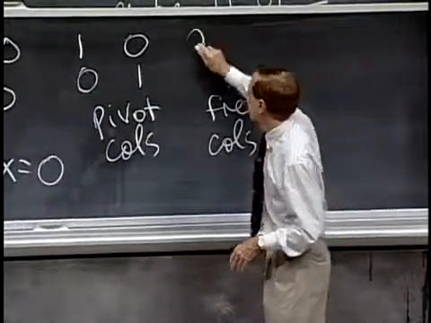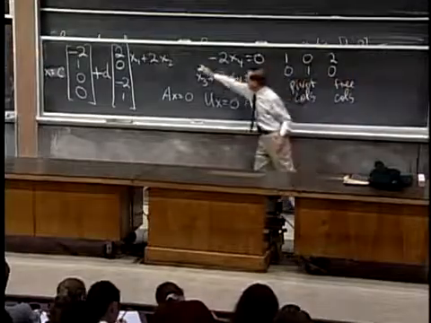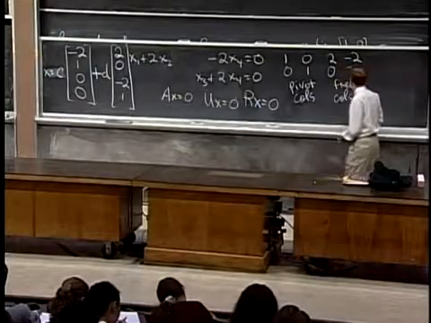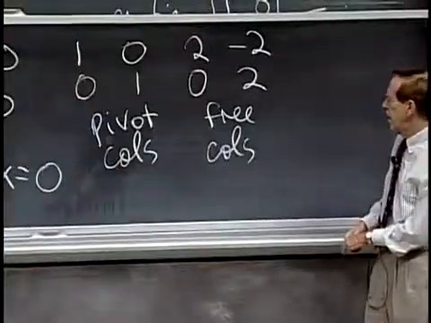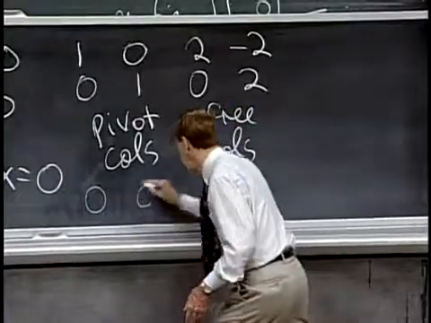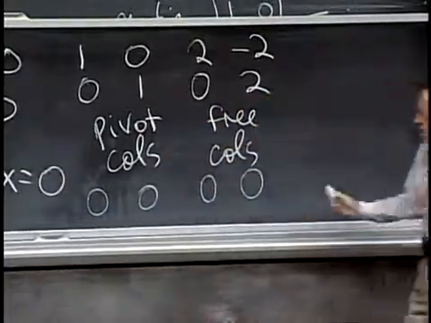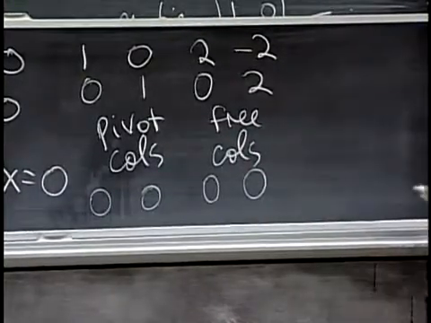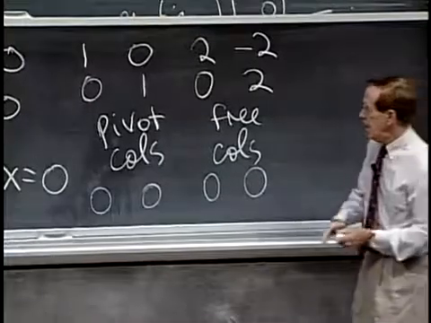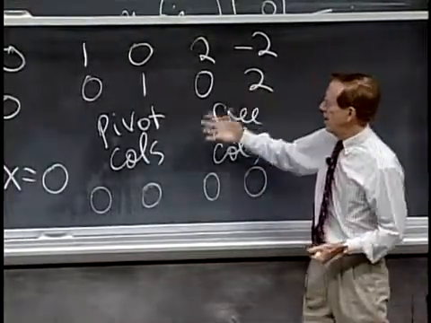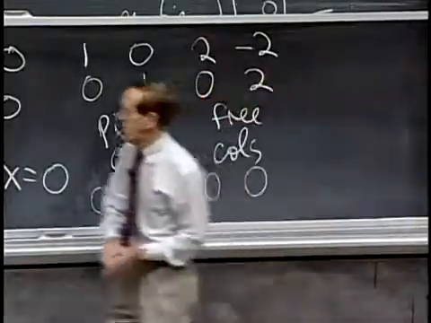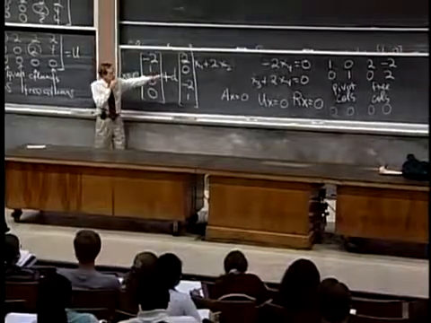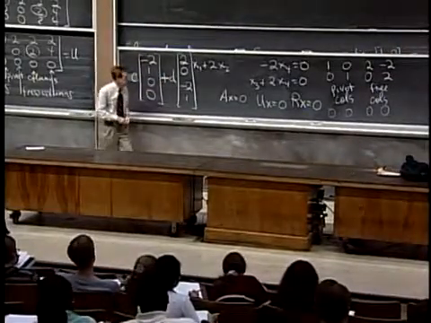A 2, 0 in that first free column, the x2 column, and a minus 2, 2 in the fourth column, the other free column, and the row of zeros below, which of course, if that equation is 0 equals 0, that's satisfied. Here's my point: when I do back substitution, these numbers are exactly what shows up. Oh, their signs get switched. I was going to say those numbers, 2, minus 2, 0, 2.